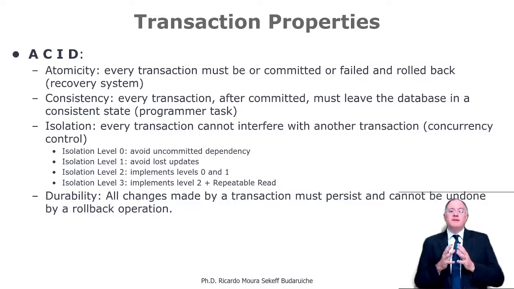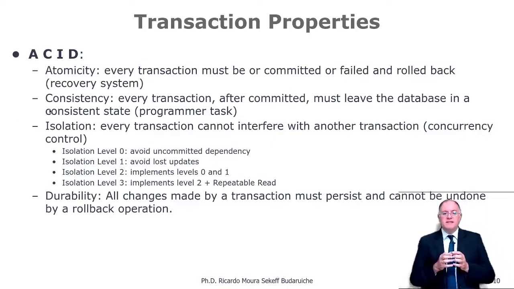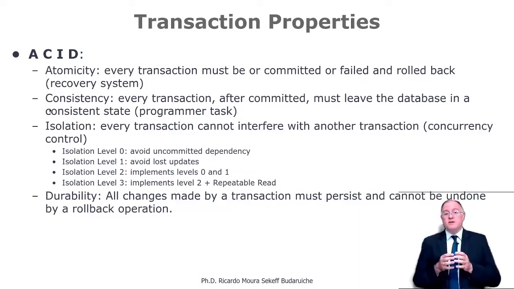It must be committed, or fail and be rolled back at the end. Consistency says that every transaction must leave the database in a consistent state. So it's the responsibility of the database programmer to guarantee that the consistency property will be okay.